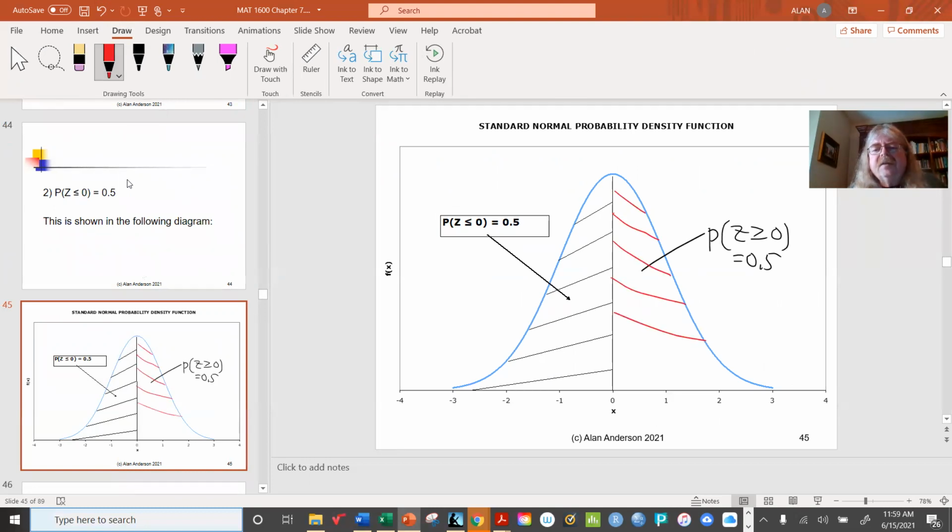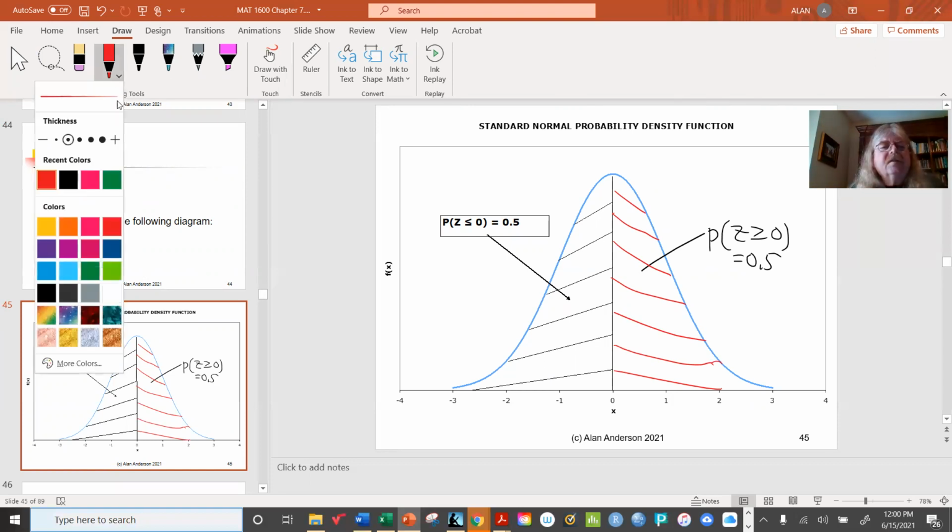So these two probabilities are both equal to a half. That's because the curve is symmetrical. If that wasn't the case, then this wouldn't hold. But because of the symmetry, either side has to have the same area or probability, and the total has to be equal to 1. And the only way that can happen is if they're both equal to a half.